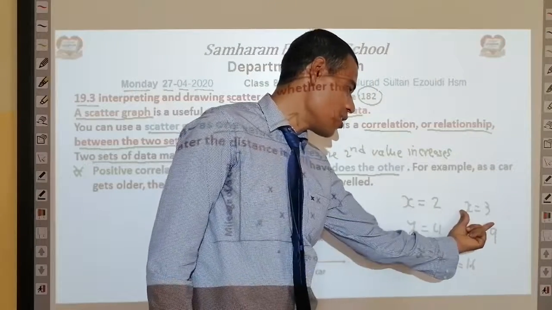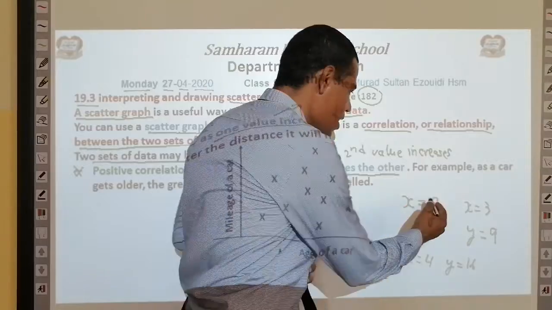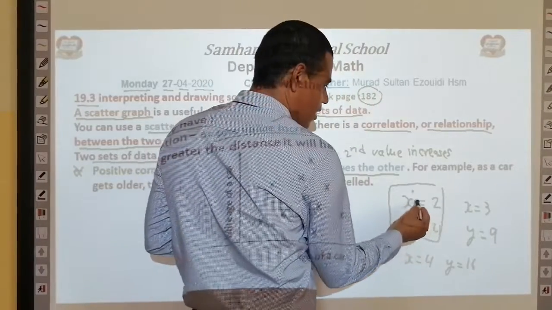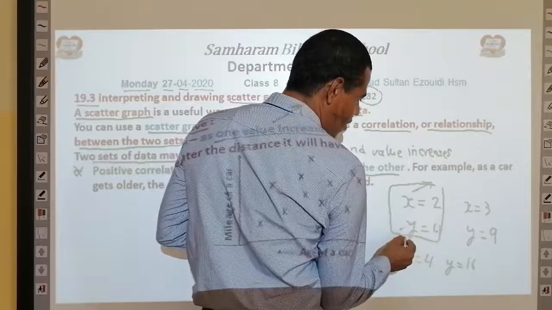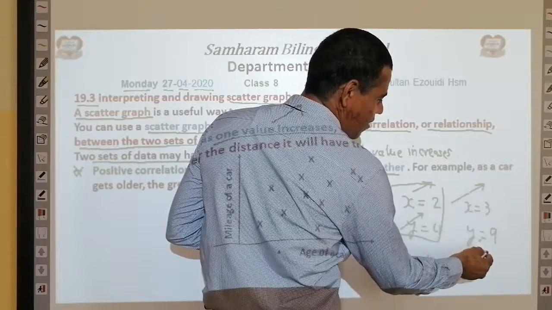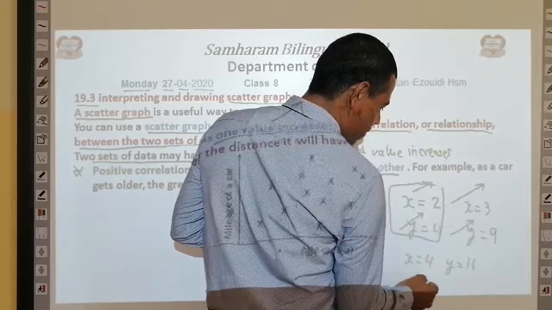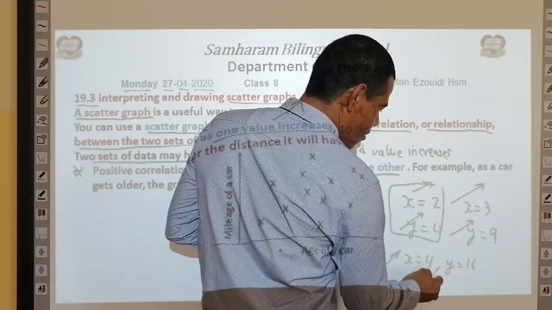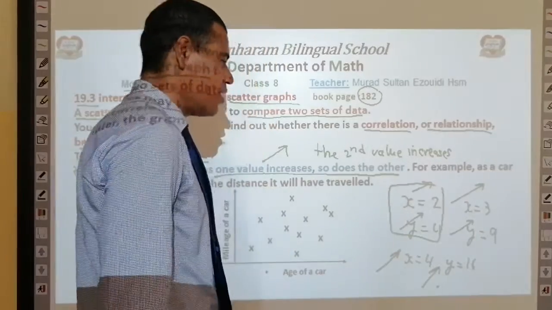When x equals 2, y equals 4, and when x equals 3, y is increasing also. When x equals 4, y equals 16.